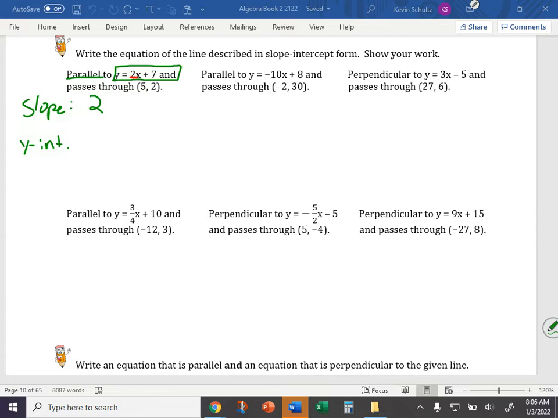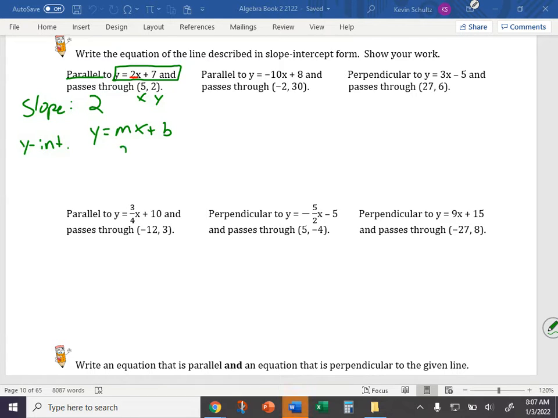Kylie? You have to plug in the ordered pair (5, 2) to the x and the y in the equation. Right. Once we get the slope, we're straight back to PO24, where we want to write this equation in slope-intercept form.